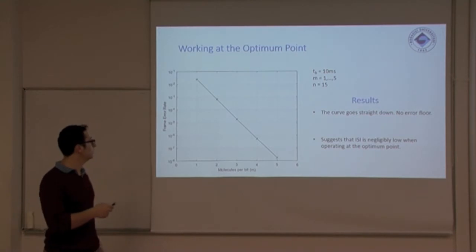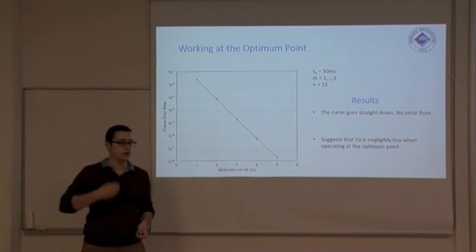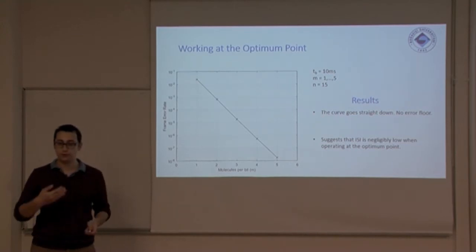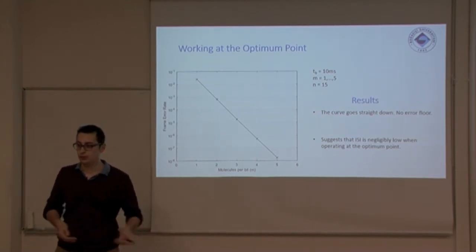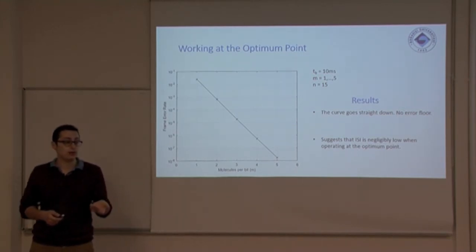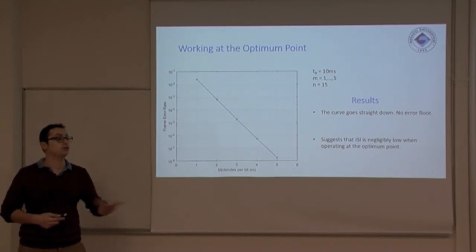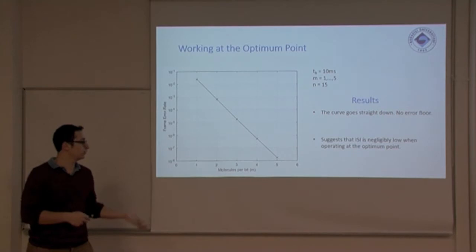An error floor is like this: it has a certain floor, and the error rate can't go below it even if we increase the power so much. That is an error floor, and it is due to interference. Whenever there's interference, there's an error floor.